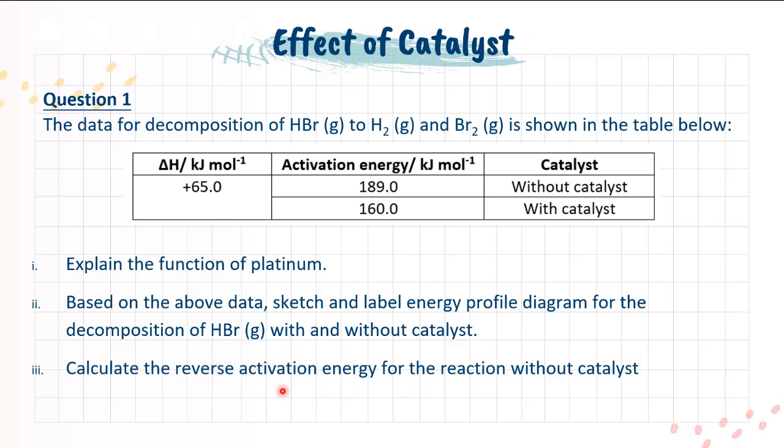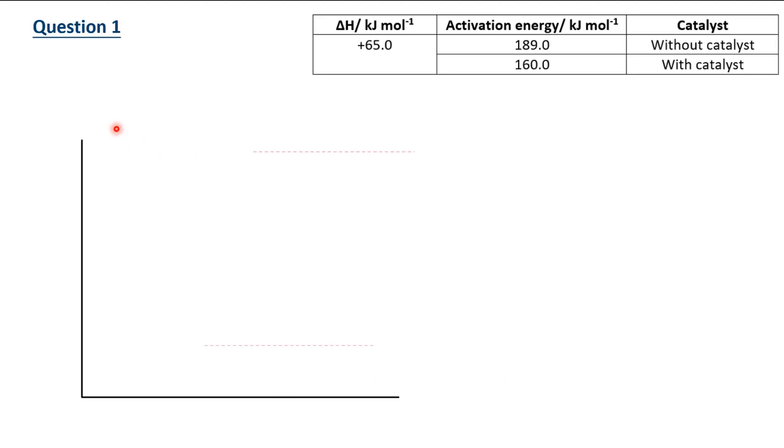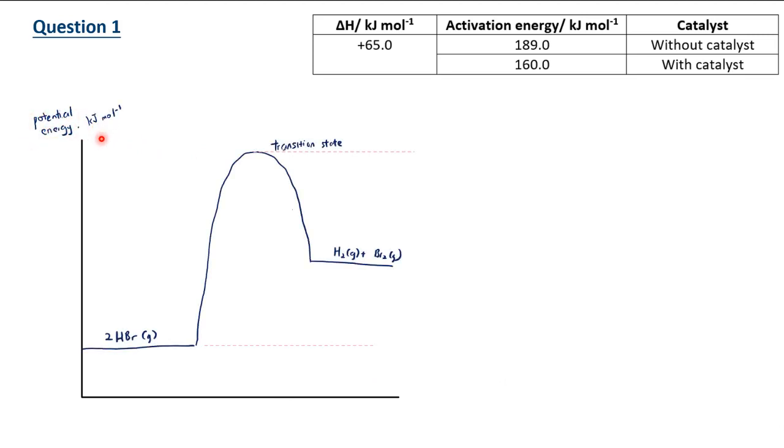This is the energy between product and the activated complex. In this case, you have your y-axis, which is your potential energy in kilojoules per mole, and the x-axis is the reaction progress. Since this is an endothermic reaction, you have a lower energy for the reactant and higher energy for the product. So this one is reactant, this one is product.